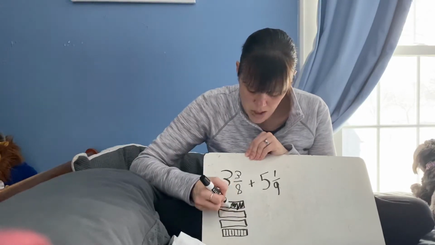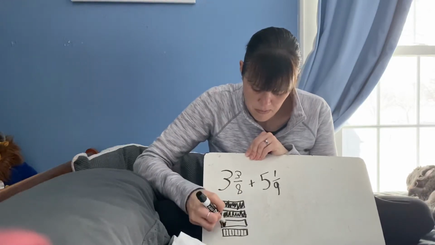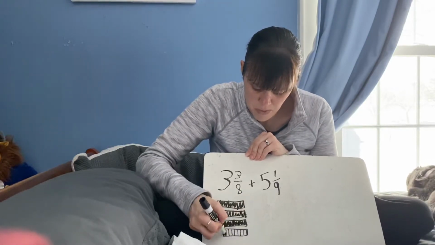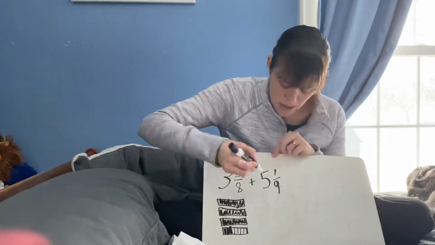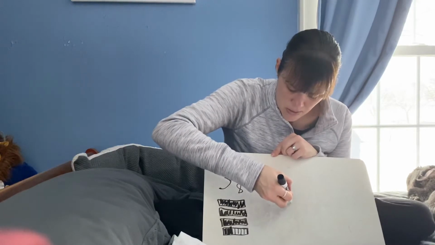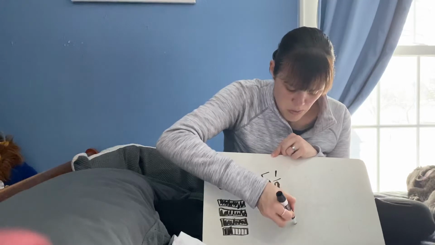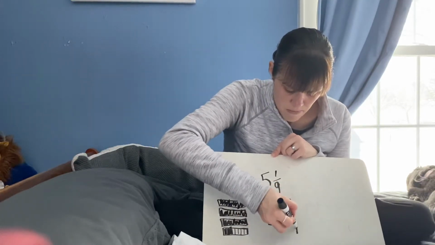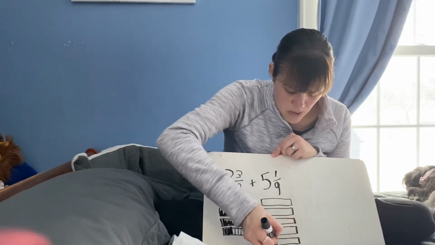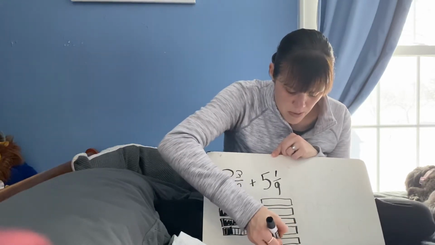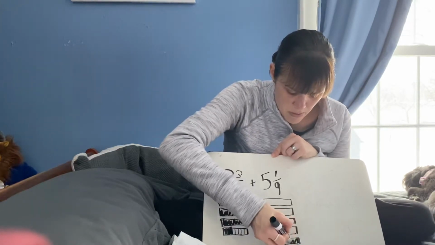So this is 3 whole and 1, 2, 3. That's 3 3/8. And now 5 1/9. 1, 2, 3, 4, 5, and we still have to do 1/9. 1, 2, 3, 4, 5, 6, 7, 8, 9. Oh my.